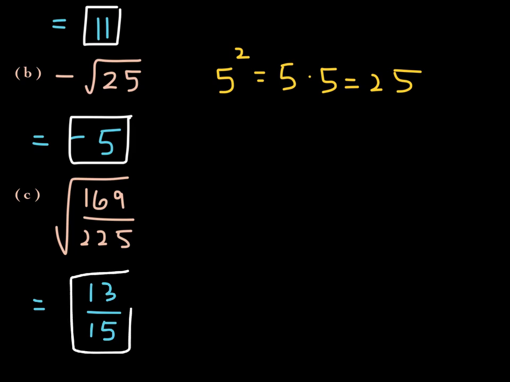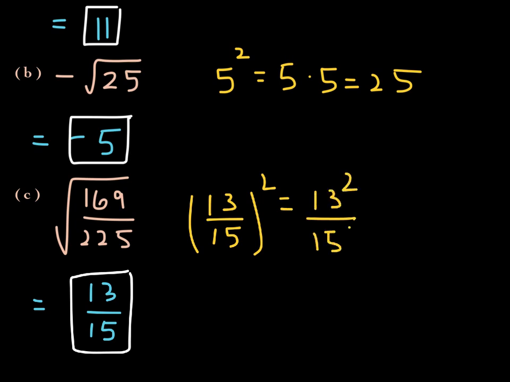Now, please allow me to explain my thought process on how I know that this is the principal square root. Well, 13 over 15. When I square it, I get 13 squared over 15 squared, right? Which is 169 over 225.